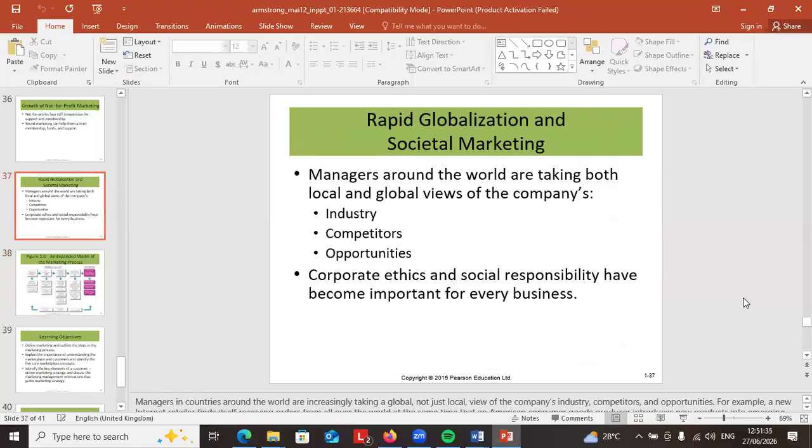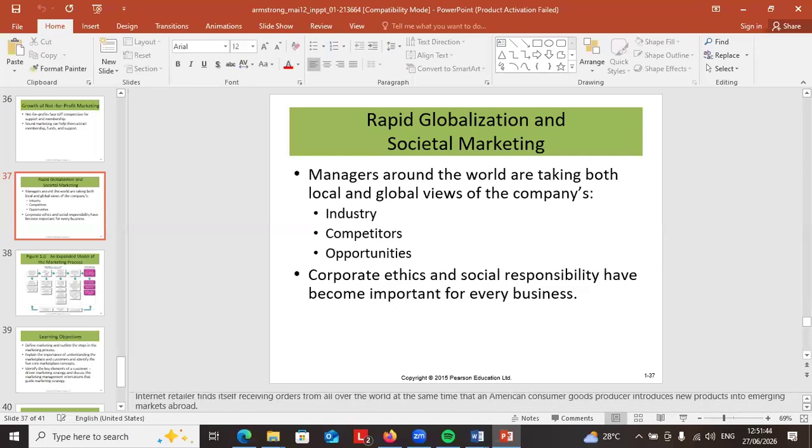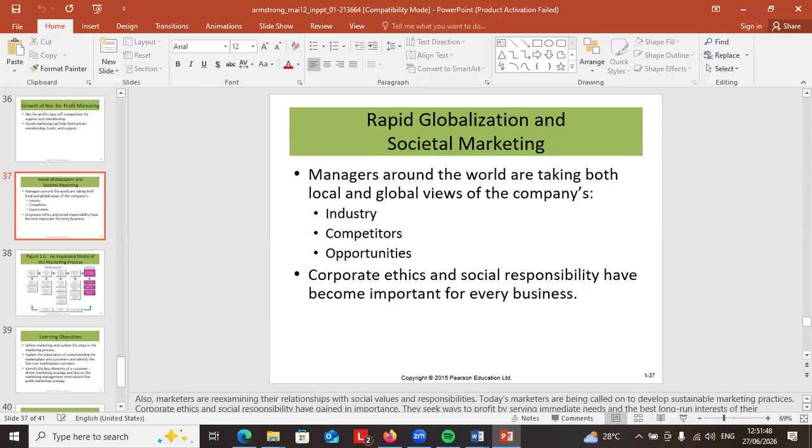And then there is the corporate ethics and social responsibility, which is also affecting the marketing landscape, right? Today's marketers are being called on to develop sustainable marketing practices or green marketing practices, right?